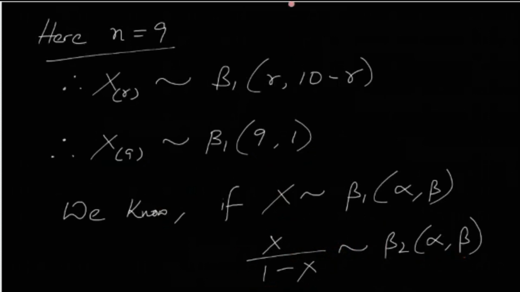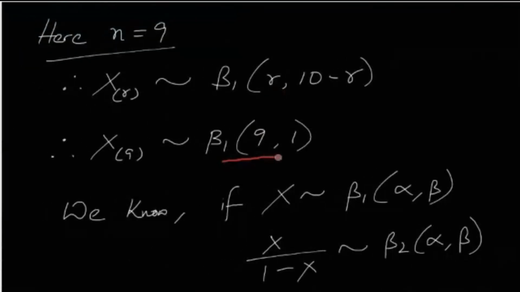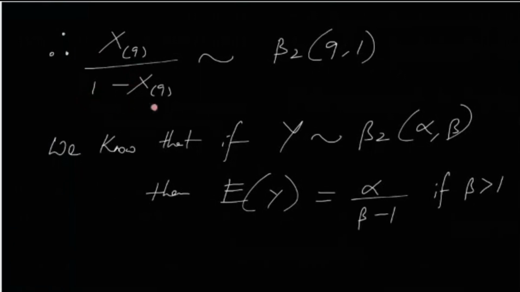Therefore X order 9 by 1 minus X order 9 follows beta 2 distribution with parameters 9 and 1.